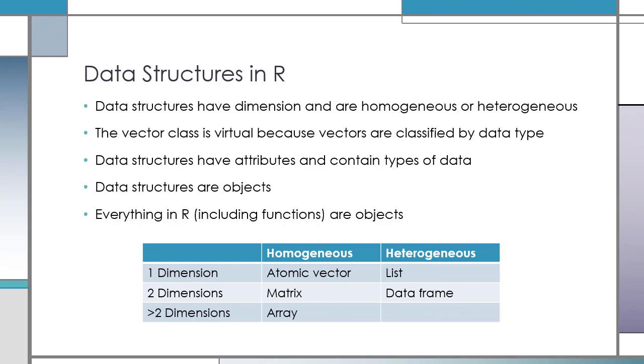However, that's because lists could have vectors of different length. But if we take the special case where we make the vectors all the same length within a list, then we can classify it like a spreadsheet in 2 dimensions, and that's why data frames have 2 dimensions. The only data structure in R that has more than 2 dimensions is an array.